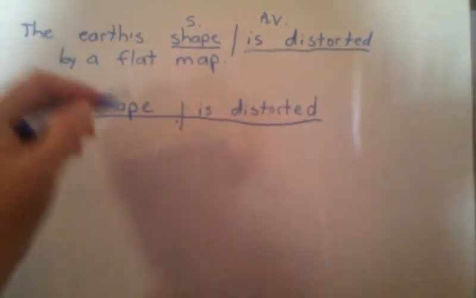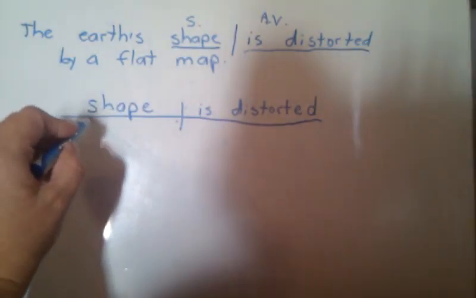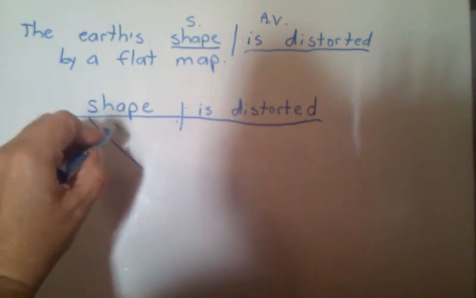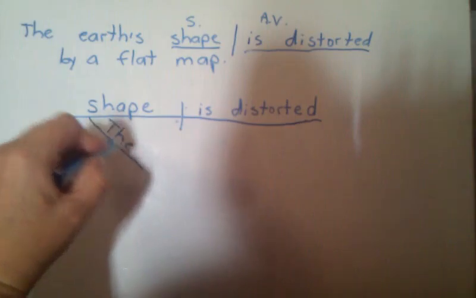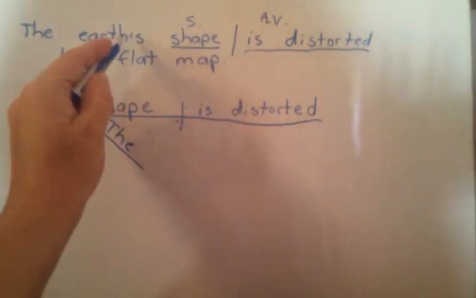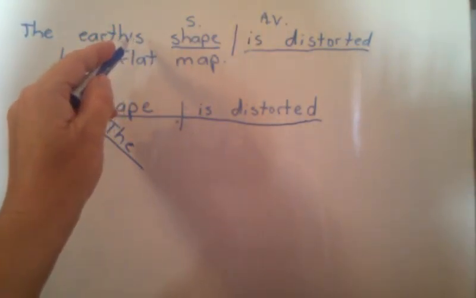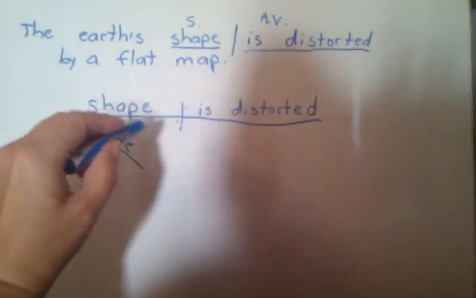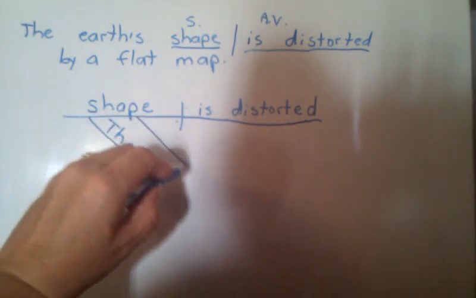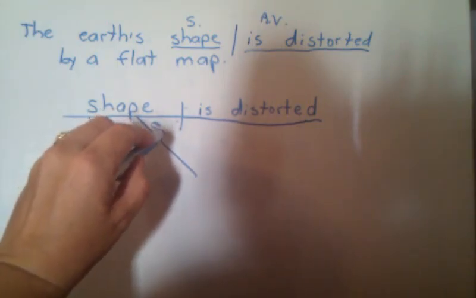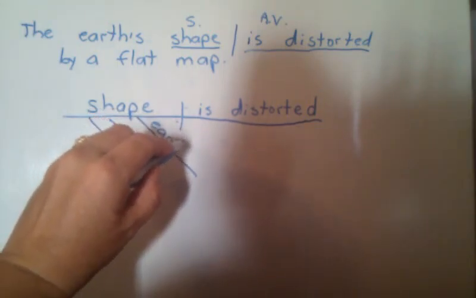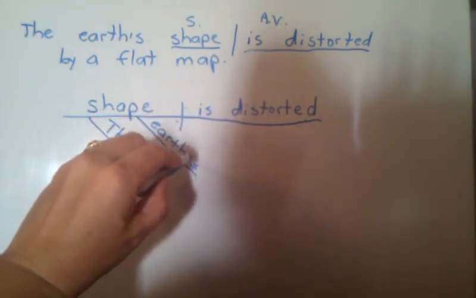Okay. Is there anything describing shape? Well, I have the word the. So here's the. Has to be capitalized because it's the first word of the sentence. See how Earth has an apostrophe S? If it has an apostrophe S, it is automatically an adjective. So all the words with apostrophe S go here. Earth. Okay.